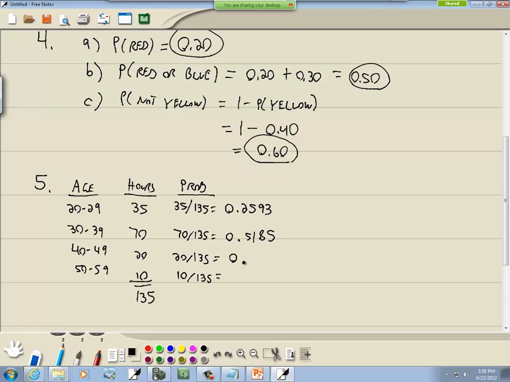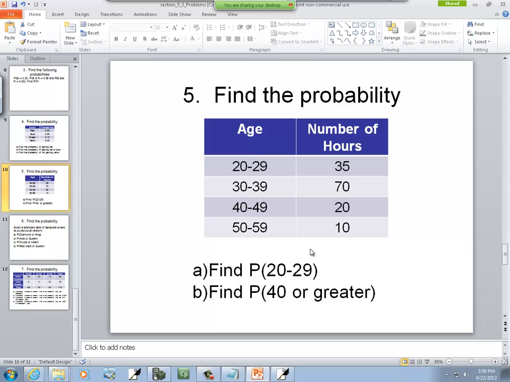And next one, 0.1481. And last one, 0.0741.